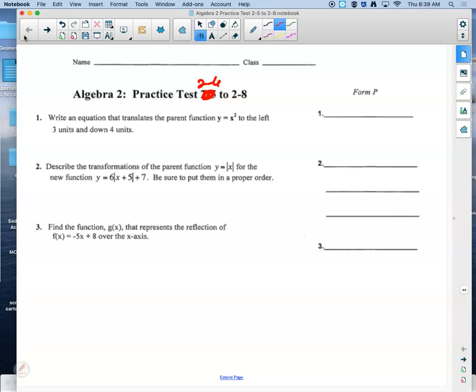Number 1, write an equation that translates the parent function y equals x squared to the left 3 units and down 4 units. So in 2.6 we said these transformations are going to work for all kinds of things. And then in 2.7 and 2.8 we focused on lines and absolute value. Here's the big deal about what they just said. It has to be something with a squared.